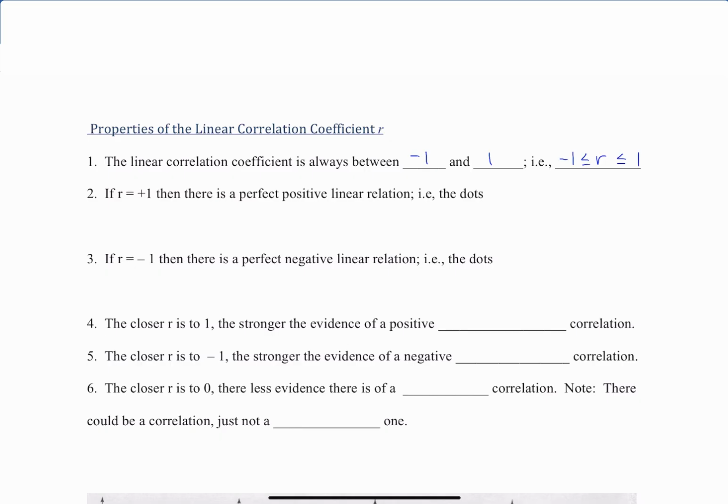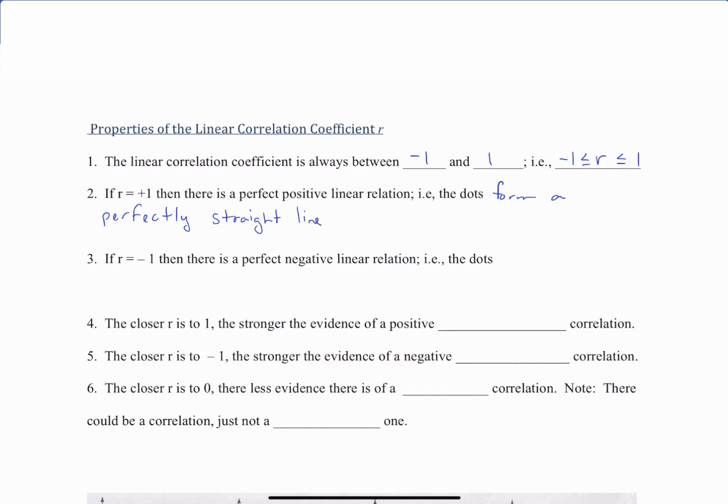Now, if r equals 1, then there is a perfect positive linear correlation. In other words, the dots form a perfectly straight line.